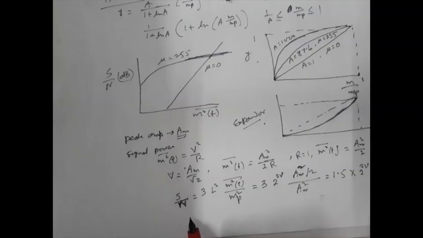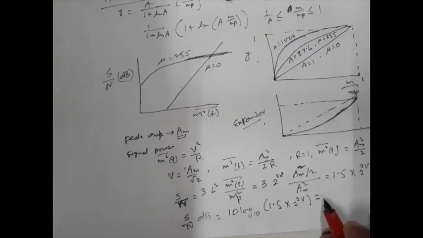So now if we express this SNR in decibel, that is equal to 10 log of 1.5 into 2 to the power 2n, that is equal to 1.76 plus 6n, or you can approximately write it as 1.8 plus 6n.